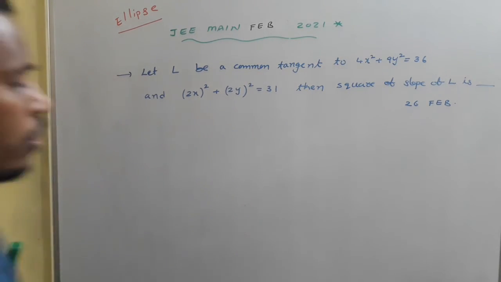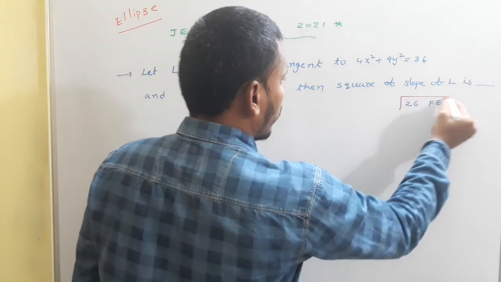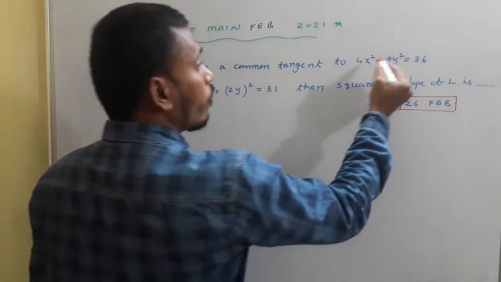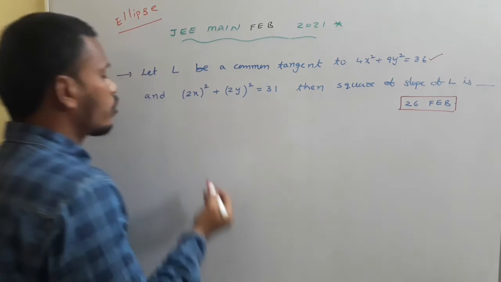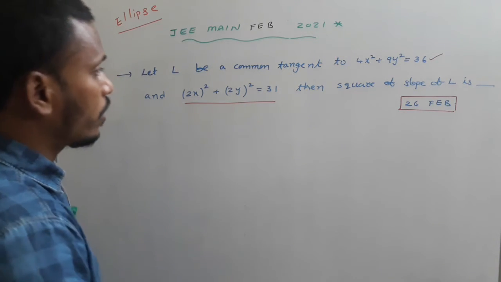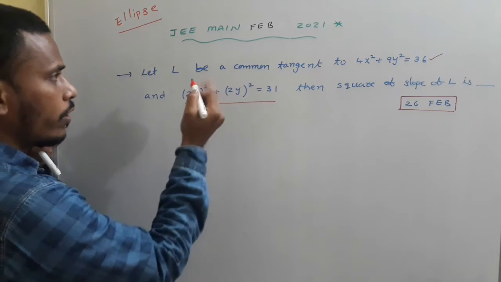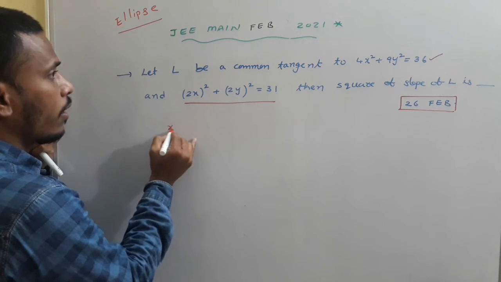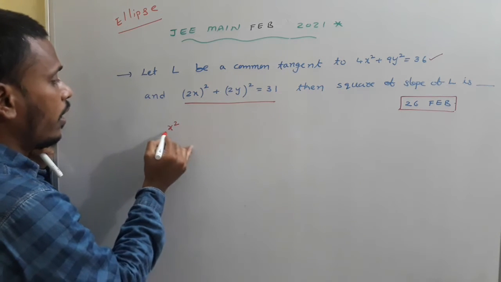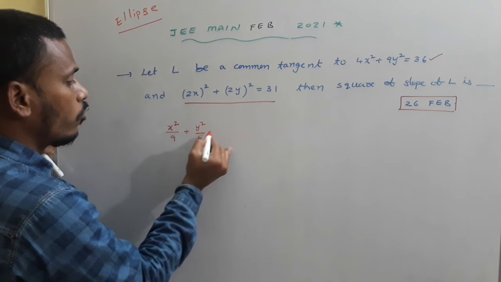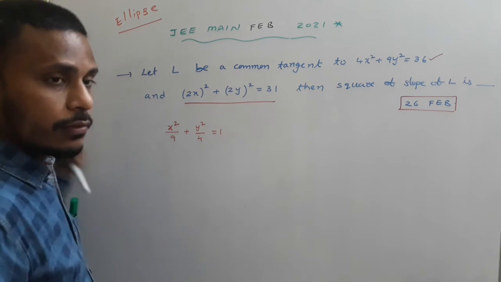So this question is from the 26 February session. Let L be a common tangent to the curve 4x square plus 9y square is equals to 36 and another curve 2x whole square plus 2y whole square is equals to 31. So the first equation is an ellipse. If we divide with 36, x square by 9 plus y square by 4 is equals to 1 is one equation.